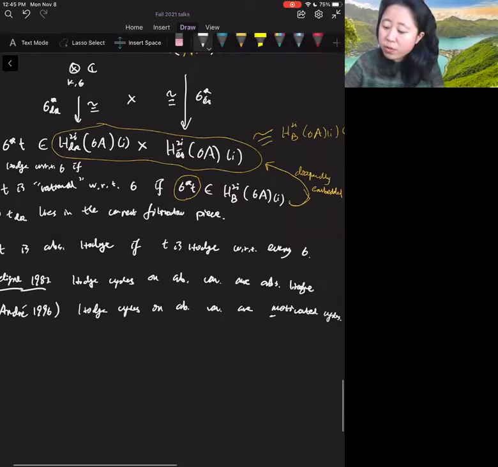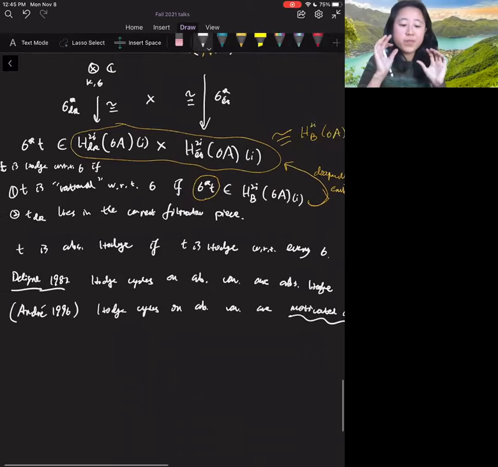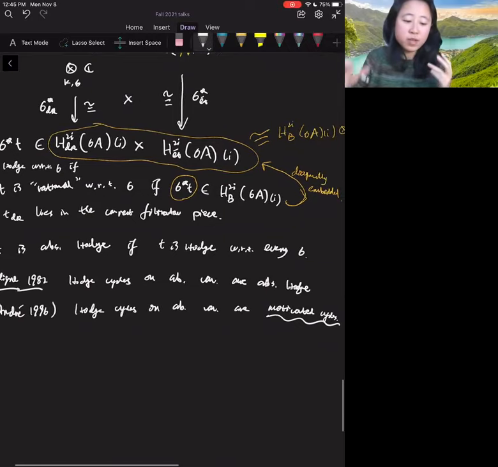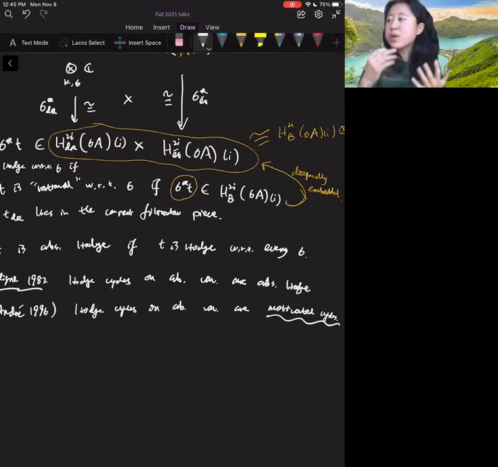So what are motivated cycles? Roughly speaking, you can write down an explicit formula for motivated cycles on, let's say, an abelian variety A. These are expressed in terms of algebraic cycles, or rather cohomology classes of algebraic cycles living on the product space of your abelian variety with some auxiliary variety, which turns out to be some abelian scheme over some compact pencil.